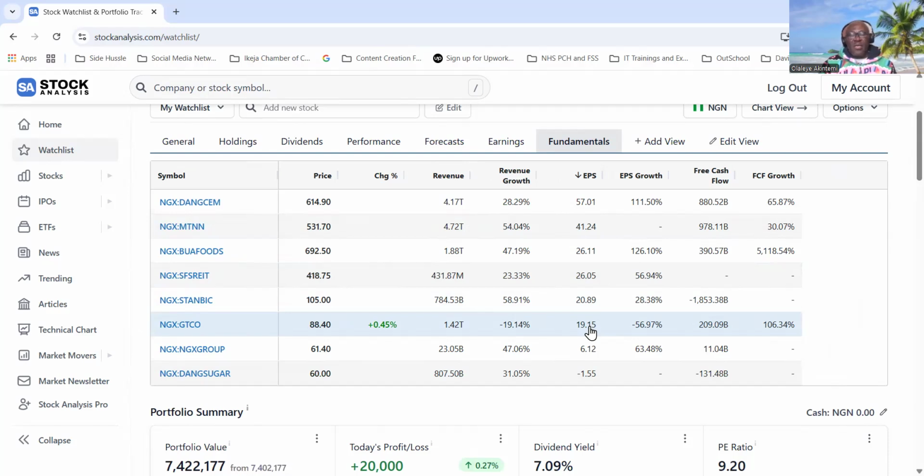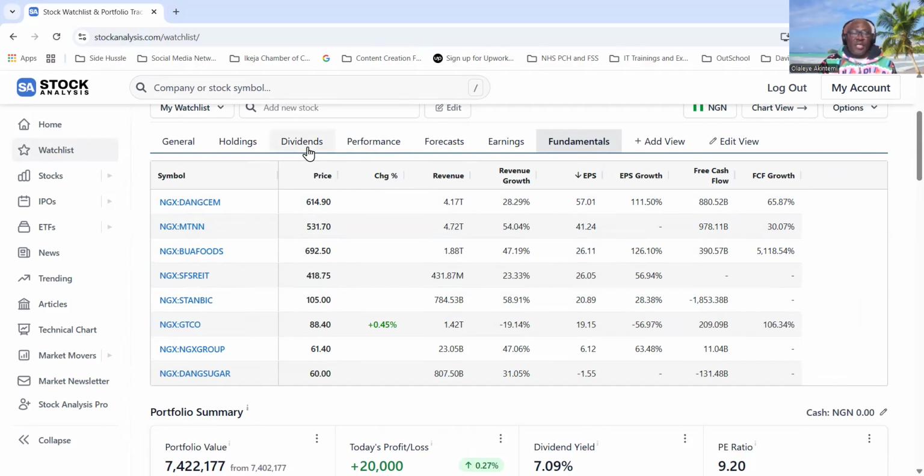So that's a little bit short of 50%. Let's say Bitco paid about 47% of its earnings per share as dividend per share. So this is the way you will analyze your stocks. You know which one is giving you good returns and which one is not giving you good returns.